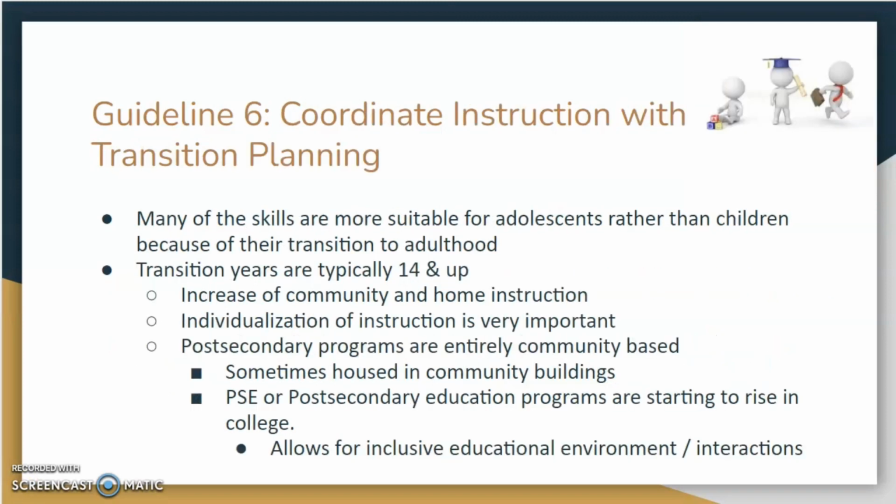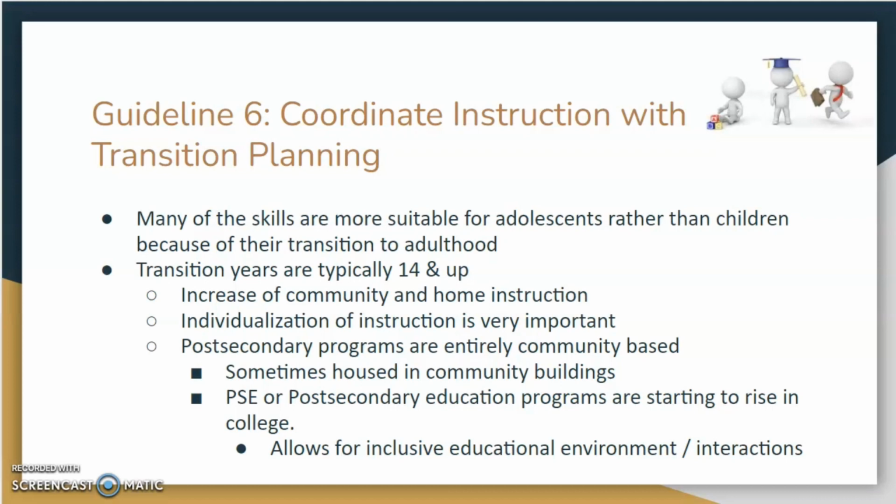The last guideline is coordinating instruction with transition planning. Many of the skills that we're seeking students to know are more suitable for adolescents rather than children because they're transitioning into adulthood.